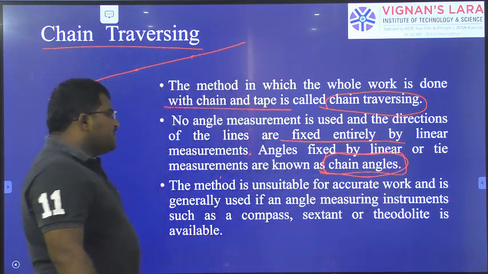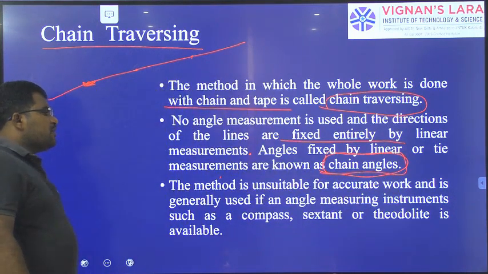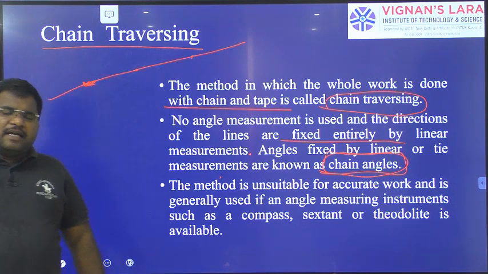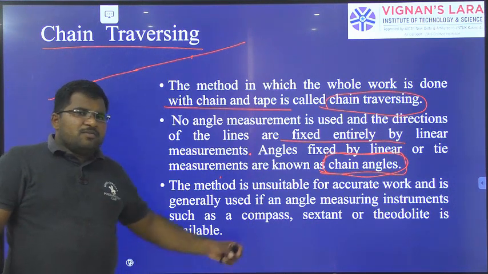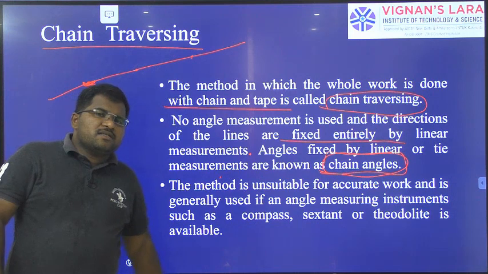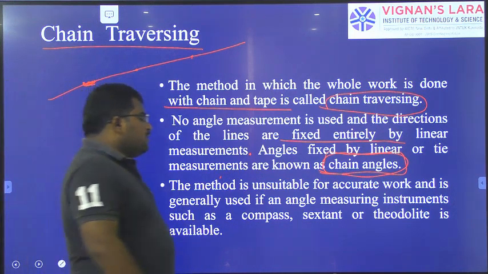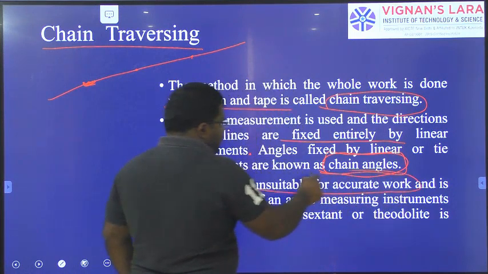The method is unsuitable for accurate work, since we don't get an exact angular direction, so this method cannot give us exact values. That's why it is unsuitable for accurate work.